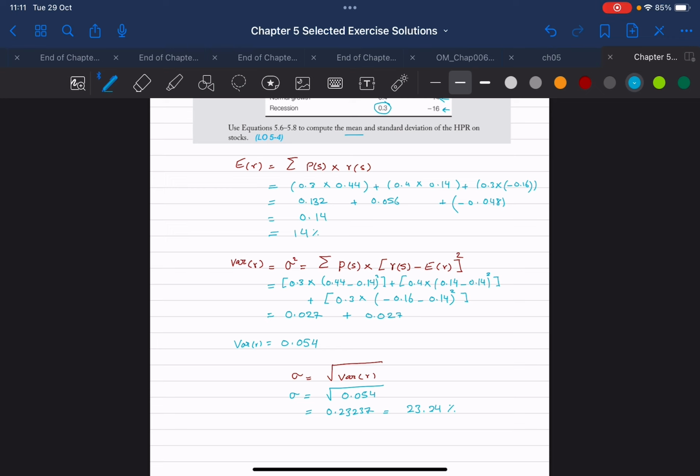Just run the numbers and then you will get to your answers. So the answer to the question, the mean of the scenario analysis as we calculated, is 14%, which represents the expected return, and the standard deviation, which is the second requirement, is 23.24%.